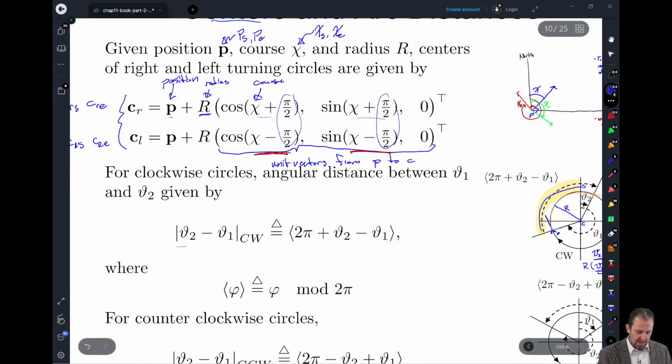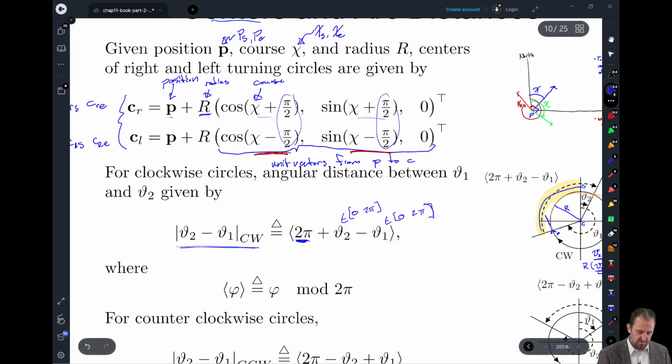So the difference in our angles, theta 2 minus theta 1, in a clockwise direction is going to be 2 pi plus theta 2 minus theta 1, if we assume that theta 2 is in 0 to 2 pi, and we assume that theta 1 is in 0 to 2 pi.